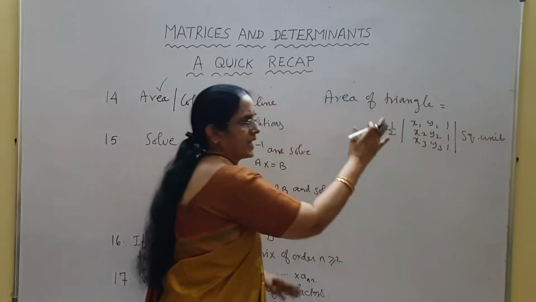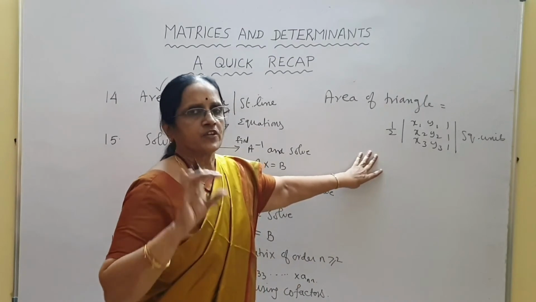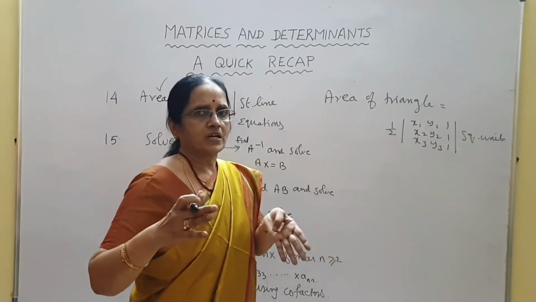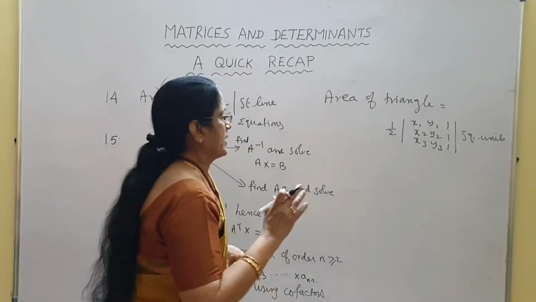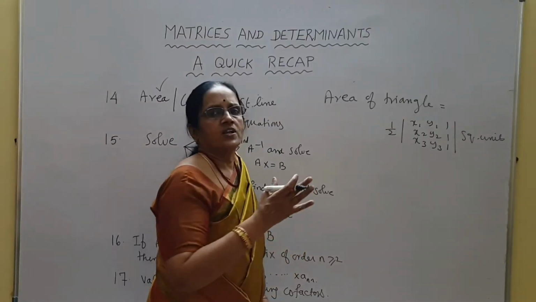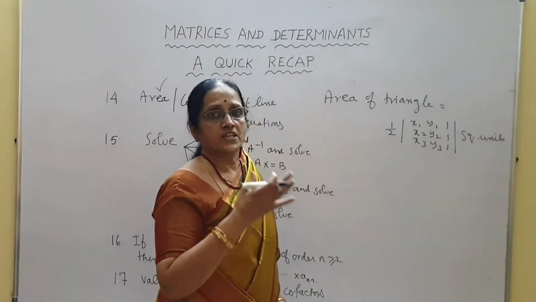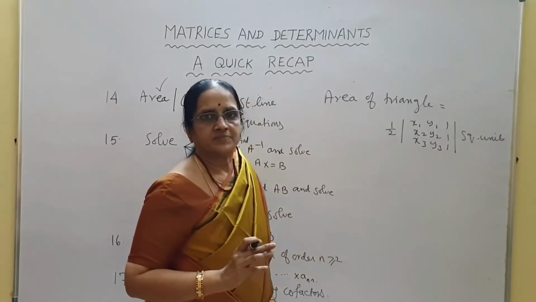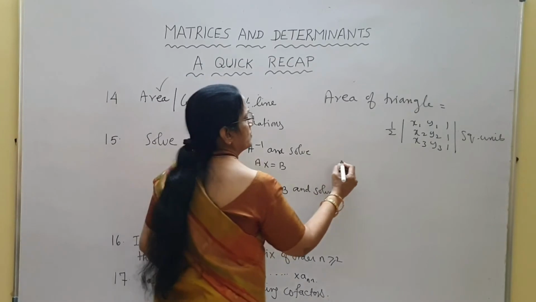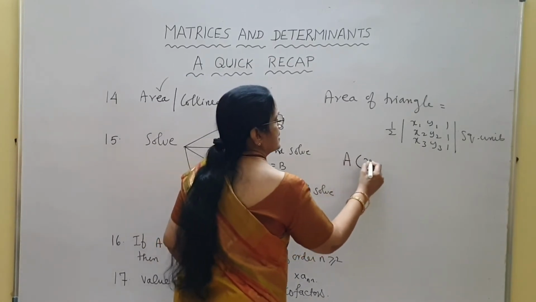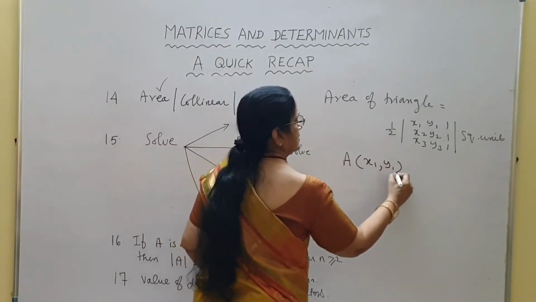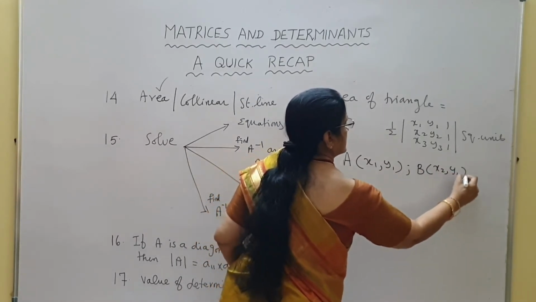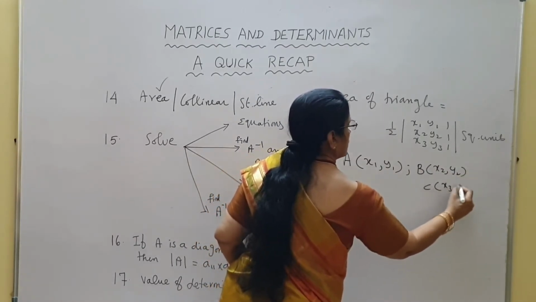You have to take the magnitude finally. If you get a negative answer, area cannot be negative, so you have to give only the positive value. What are all the different ways of asking questions based on the area of the triangle? They give you points A (x1, y1), B (x2, y2), C (x3, y3).